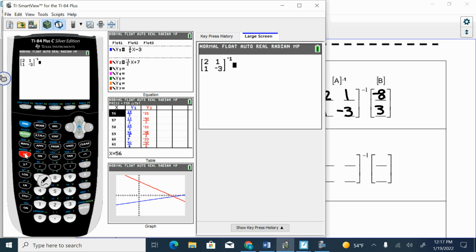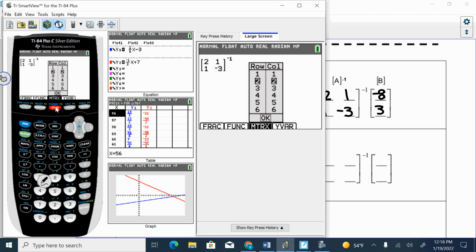Okay, and then step 8 says to press alpha F3 again. So alpha and F3.